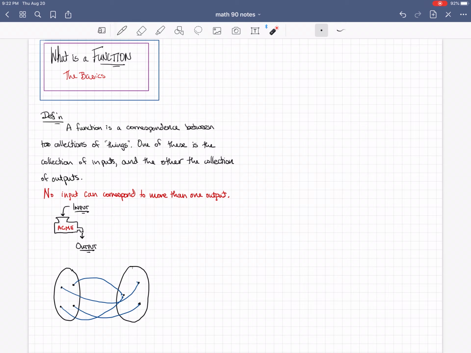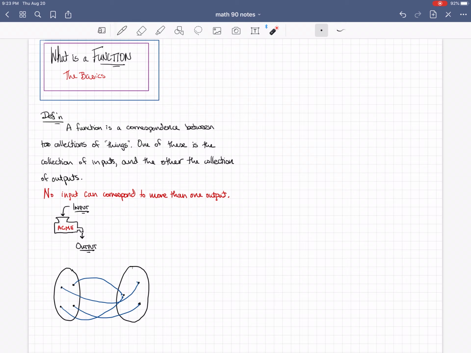And whenever you're looking at a correspondence, you could ask the question, well, is this correspondence a function? And the answer might be no, because a correspondence or a relationship could be something that doesn't quite cut the muster for a function, in which case it's just called a plain relation.